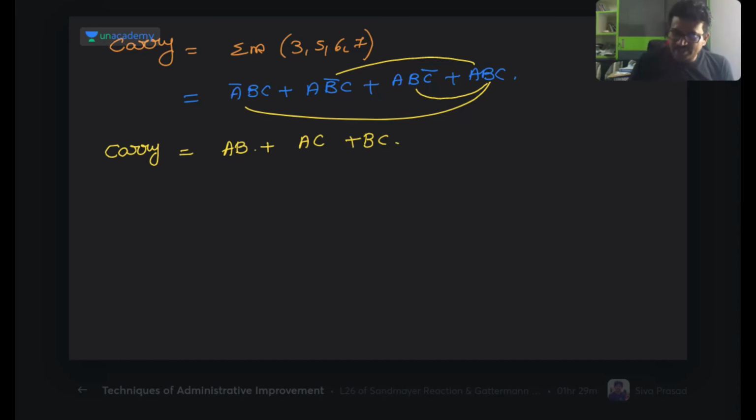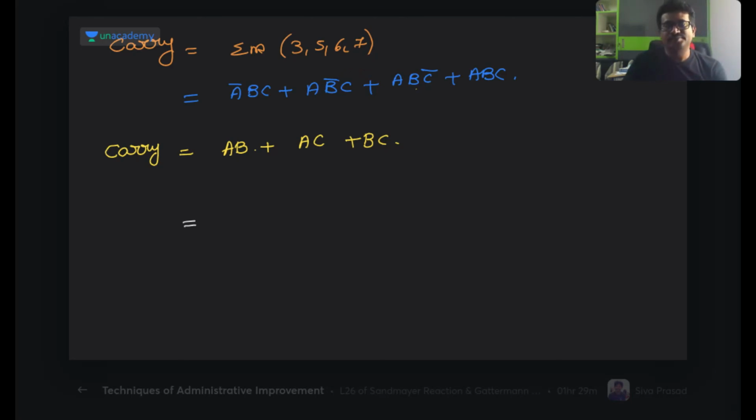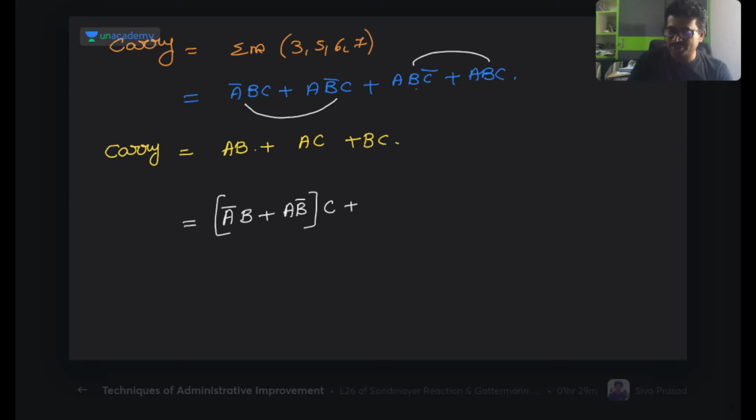Yes, and I will modify this carry into another form. Let us try to minimize this in a different manner. In these two, can I take C common? If I take C common, I will get A bar B plus A B bar, into C, plus, if I take C common here, AB.